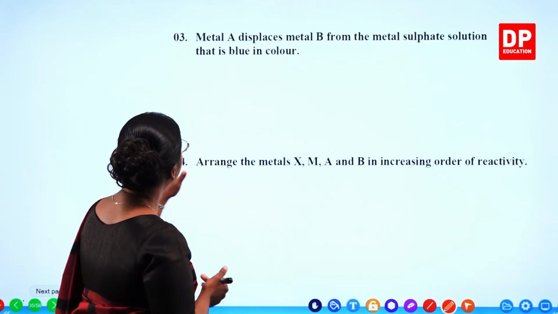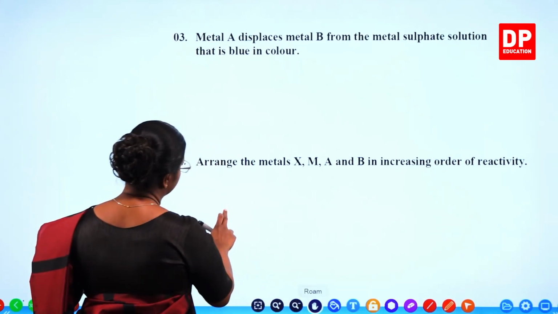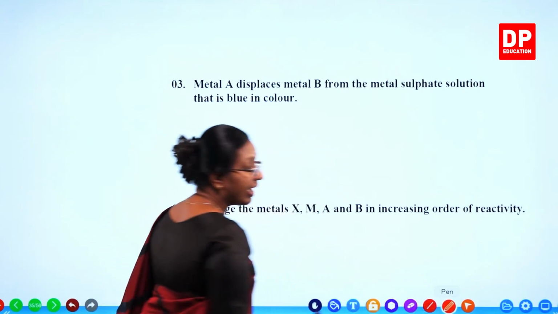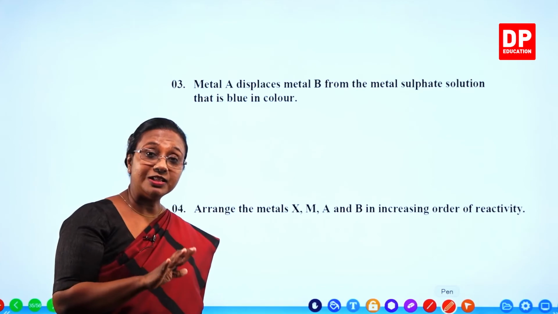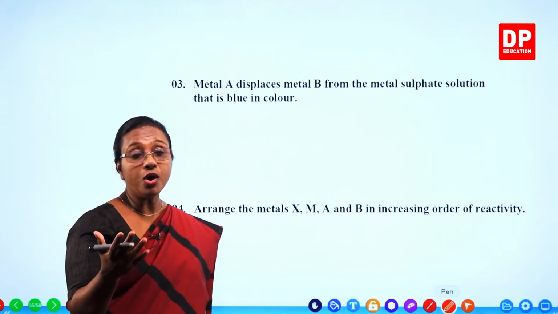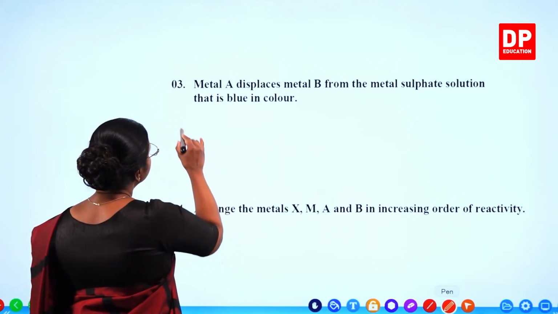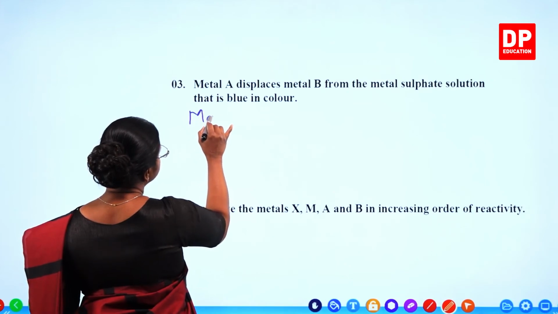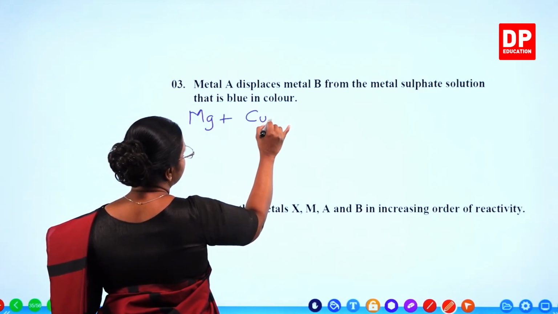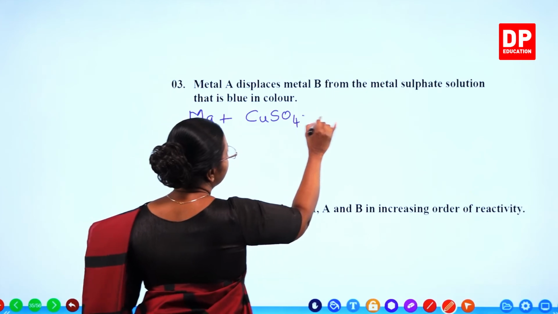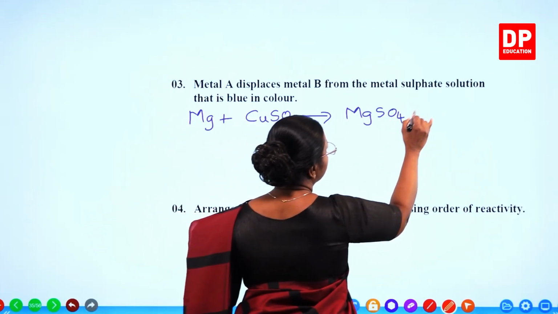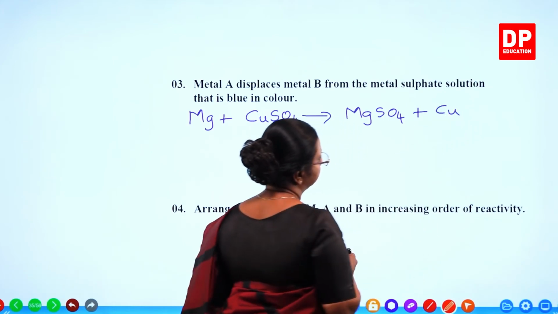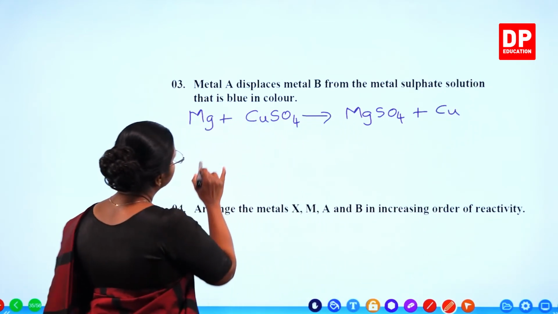So you can write the reaction with any of the metals, because in the question you can remember, students, they said suitable metal. So you can write it with either magnesium or zinc. I will write it with magnesium plus copper sulfate will give rise to magnesium sulfate plus copper. So what is this reaction?